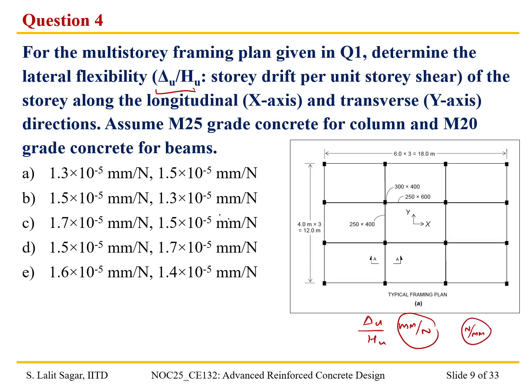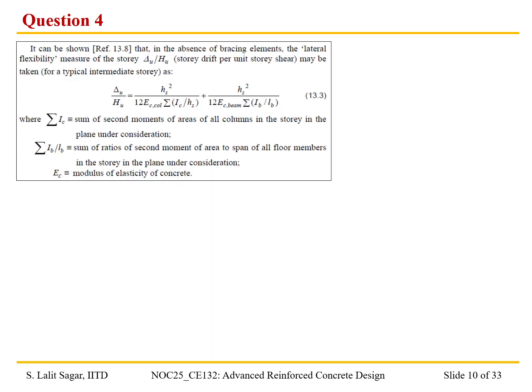Now let us proceed to find the value of delta u by hu. It is given that for the columns we need to consider M25 grade of concrete, and for the beams M20 grade of concrete.